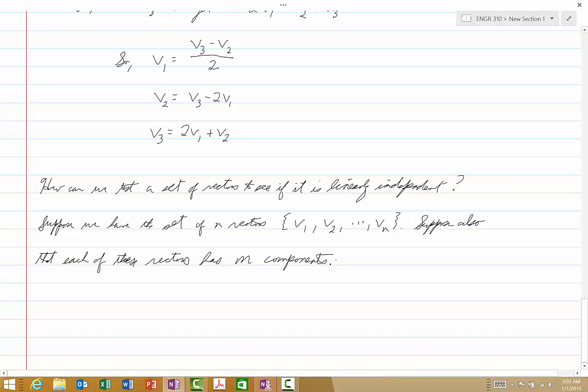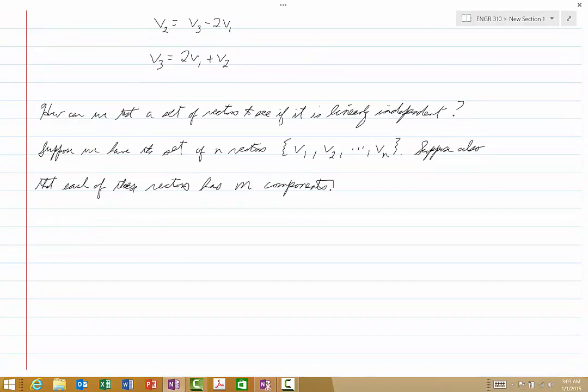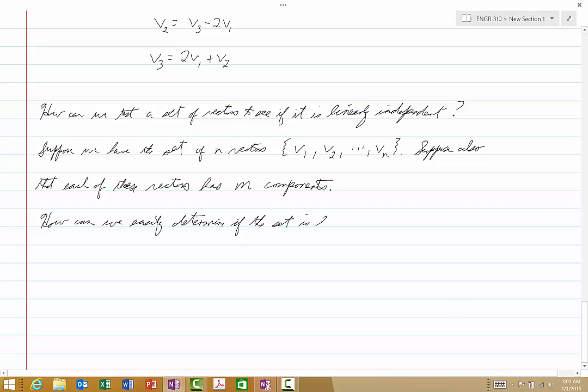Okay? So, how can we easily determine if the set is linearly independent? Okay. There's three cases.